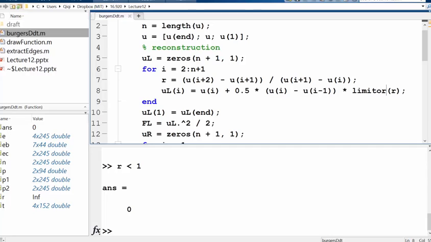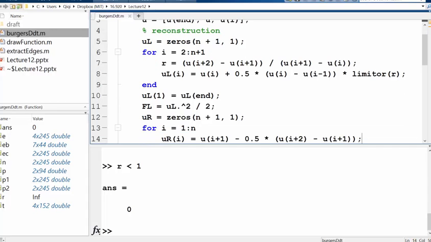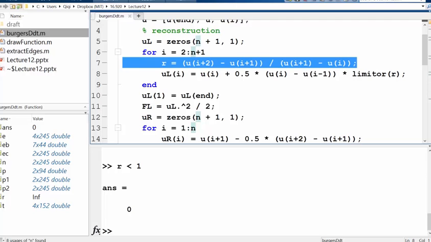So I can reuse what I'm doing later on. Here you can do the same thing.